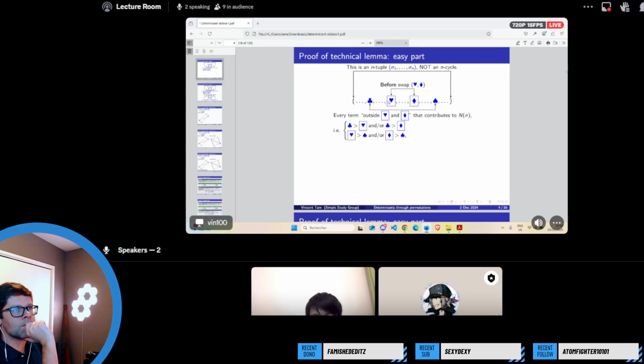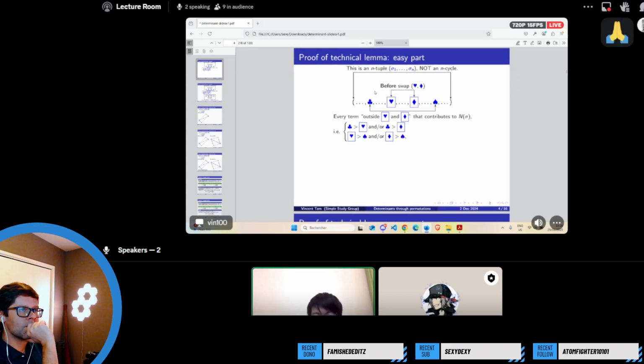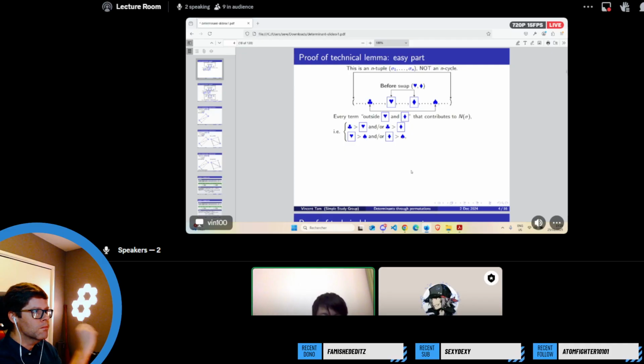So here I'm omitting the red row 1, 2, 3, 4, 5 until n, because that's always the same. I'm omitting them so as to save more space for more annotations. That's the first reason.